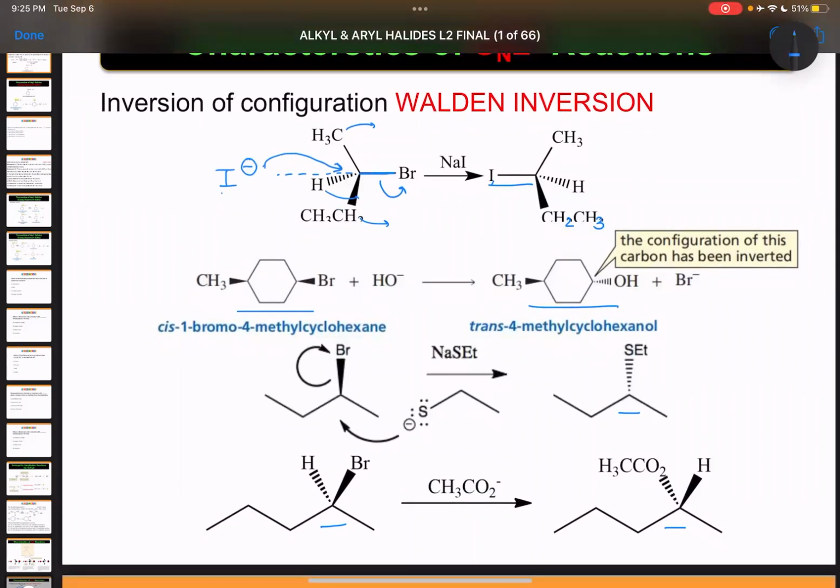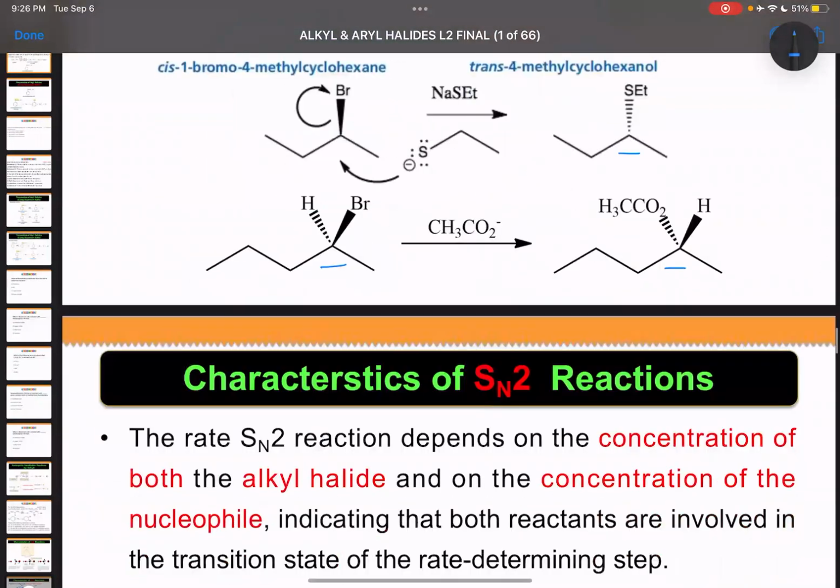The other groups can get replaced, but we are studying mainly alkyl halides, so we are bothered about the replacement of halogens, which occurs most easily. But there are many other leaving groups.